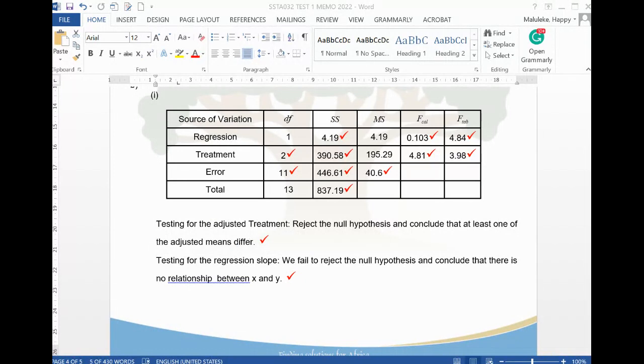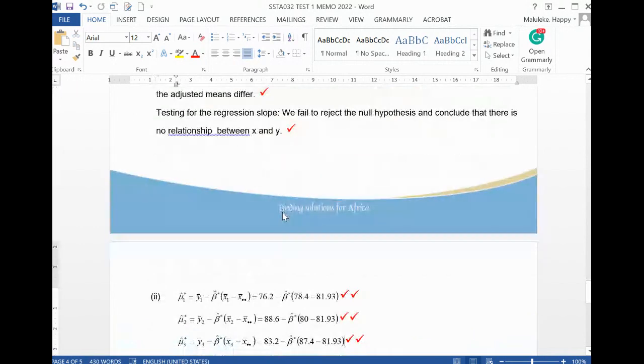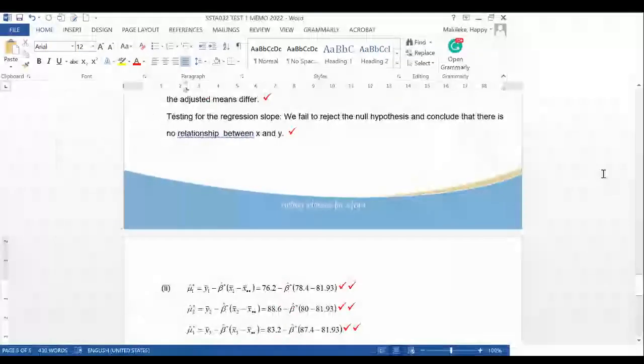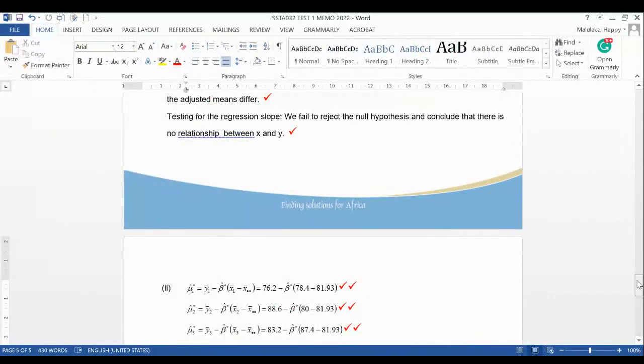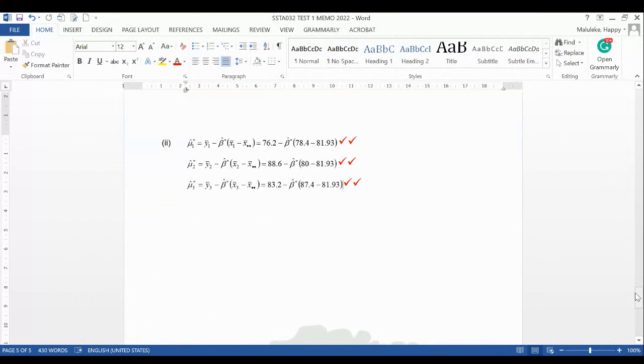With the remaining 3 minutes, the last question now, it was what? The adjusted treatment means. The adjusted treatment means, the first one there, I think it was... sorry.